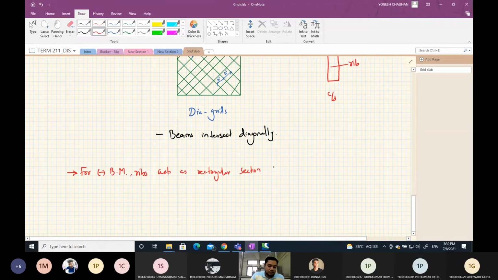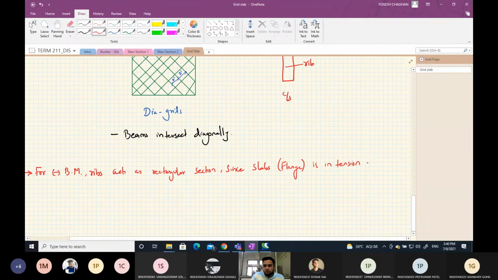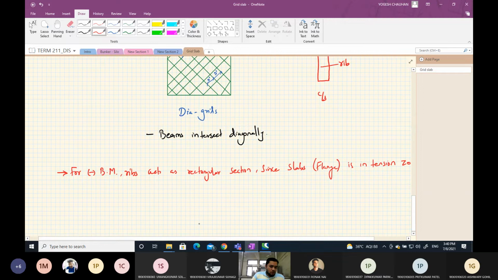The ribs act as a rectangular section, since the slab is in tension zone.